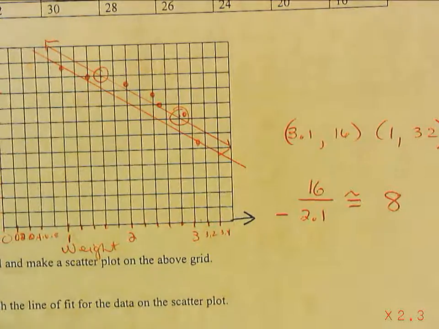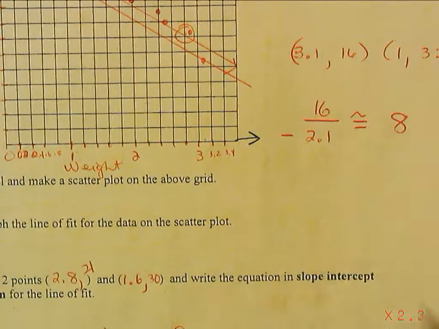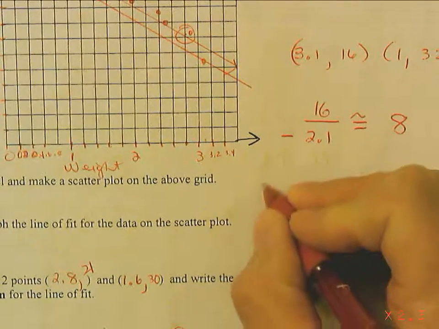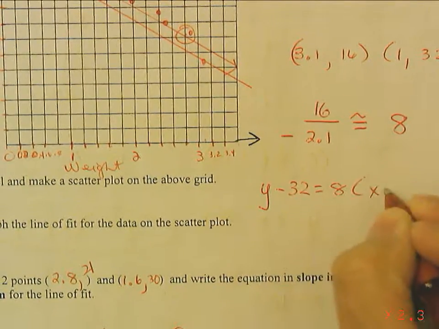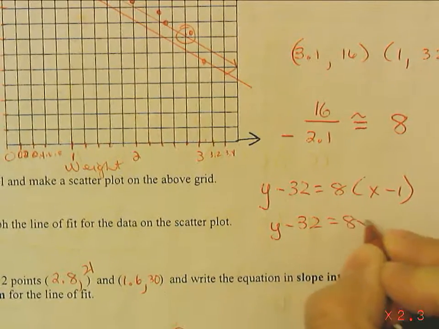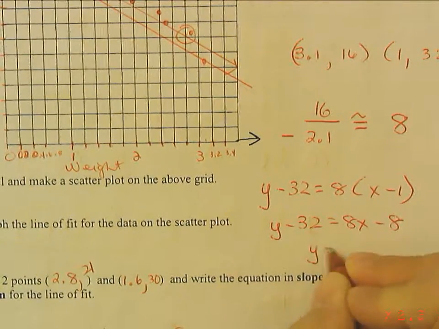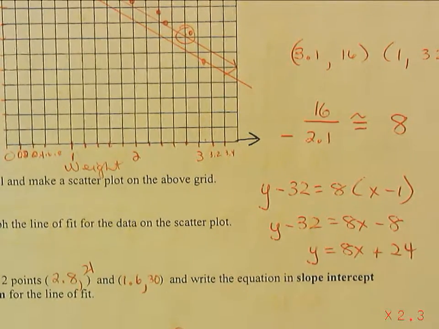So if you had a slope of approximately negative 8, or you can see the first time I did it, I got a slope of negative 7.5, that would be fine. Now, what you would then do is take your slope and say y minus 32 equals negative 8 times x minus 1. Y minus 32 equals negative 8x minus 8. Y equals negative 8x plus 24.